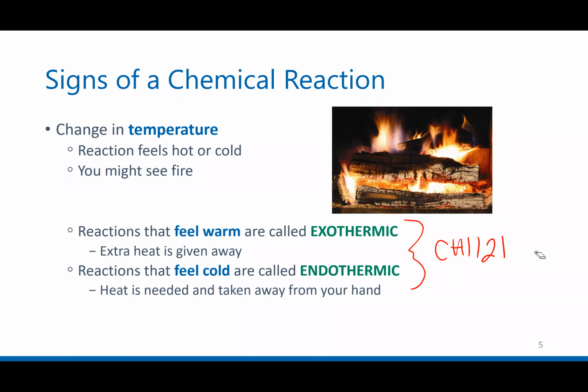It's called thermochemistry. And we look at different types of reactions. Some reactions release heat, like burning a candle. Some reactions absorb heat, which is a little bit harder to give an example of. But sometimes in hospitals, they have cold packs. They break these cold packs and a chemical reaction happens and they turn very cold. That's another sign of a chemical reaction. So, sign of a chemical reaction number 1.